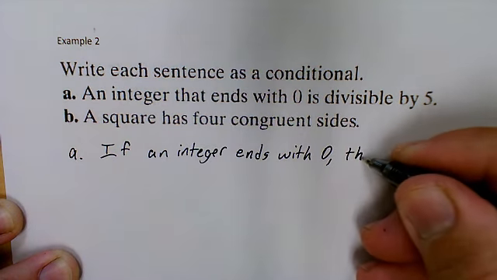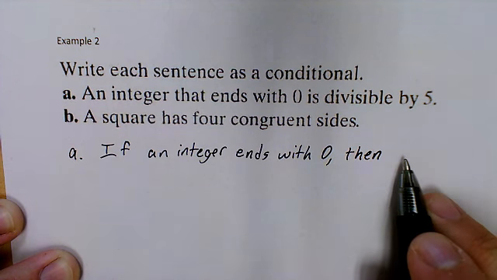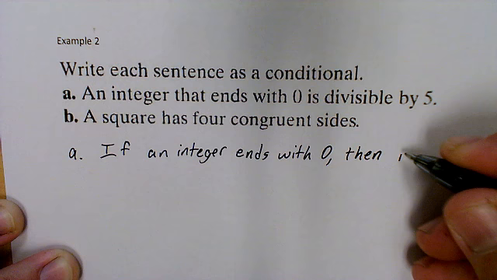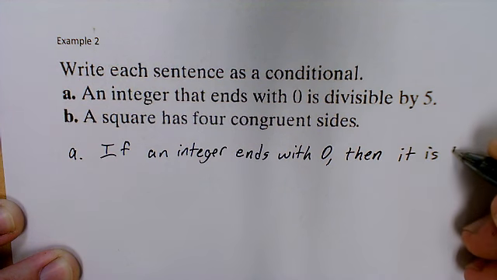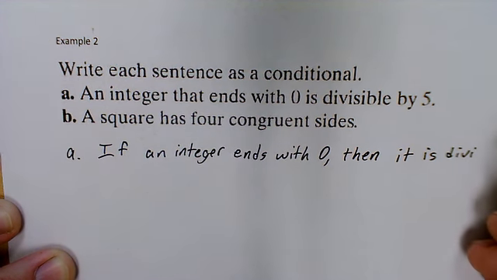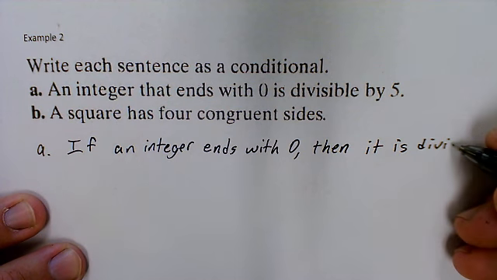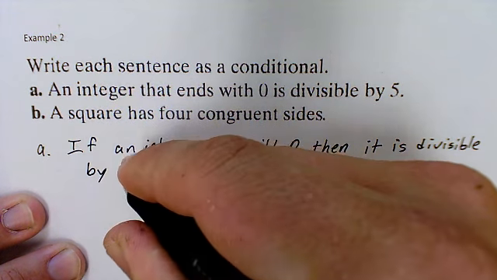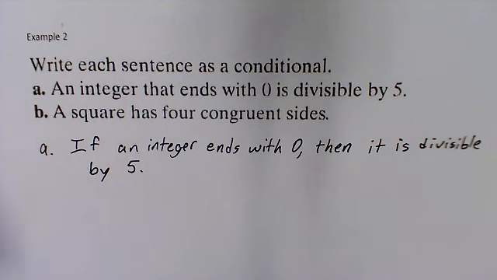Then, here's my conclusion. I can use the pronoun: it is divisible by 5 is my conclusion. This happens to be a true statement. Not that it asked, but that is true. All right, there's no way that this condition is met without the conclusion being true.